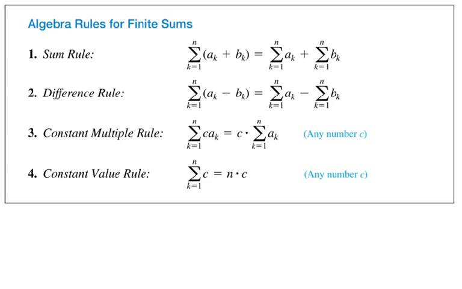You'll notice with a constant multiple, when you're multiplying by some constant C, you can pull that in front of the sum. And then if you have the sum of a constant, you will have n, your upper index or upper bound value on that sum, n of those constants, so n times C.